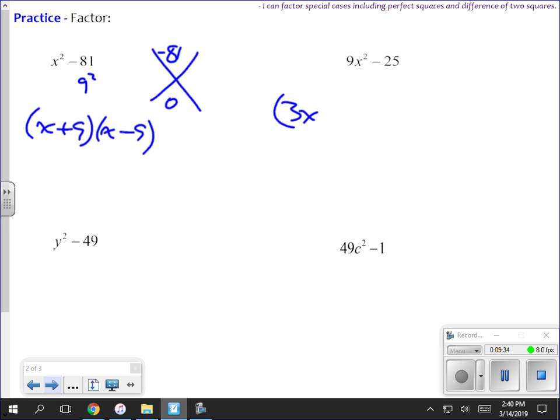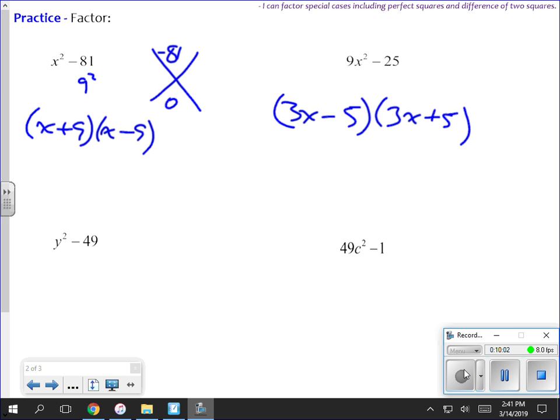I square x. And then this would be square root of 25, bless you, would be 5. So I have 3x minus 5, 3x plus 5. If you recognize the pattern, these are easy. If you don't recognize the pattern, they're really hard. You've got to recognize the shortcuts on these.